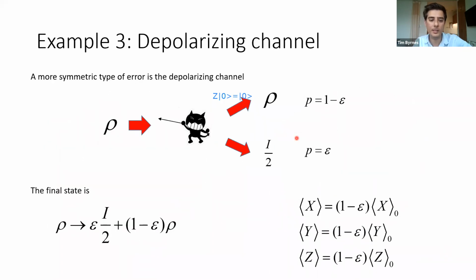But in this case, this depolarizing channel, there's no state which is an eigenstate, because this one acts in a slightly different way. It's not that he applies some operator to the state, he just replaces the state with this I, the completely mixed state. So there's no state that is unaffected.